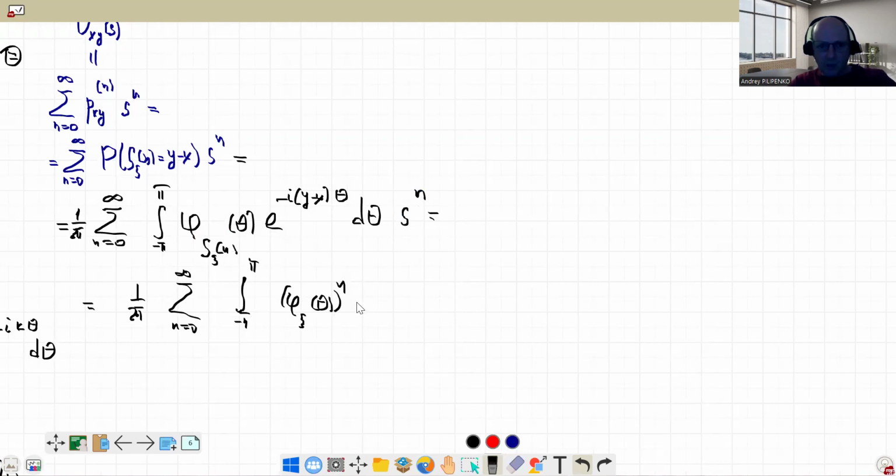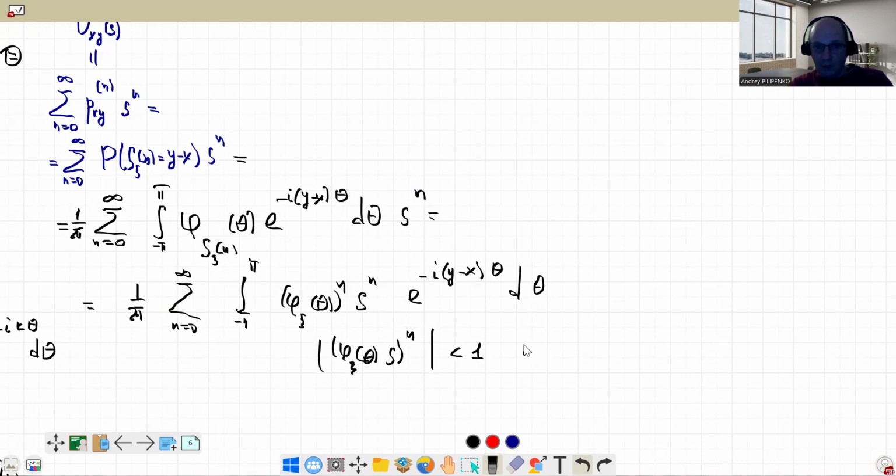Let me write s to the power n here, e to the minus i (y minus x) theta d theta. And the absolute value of this is less than 1 if the absolute value of s is less than 1. So phi psi of theta, s to the power n is less than 1 if you have this.